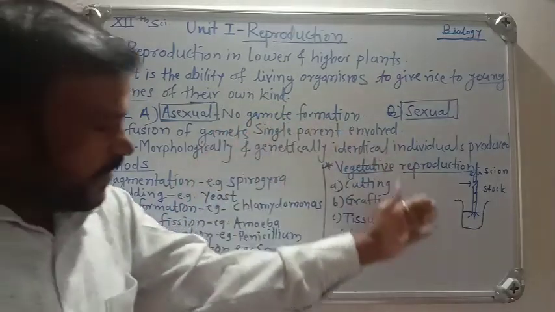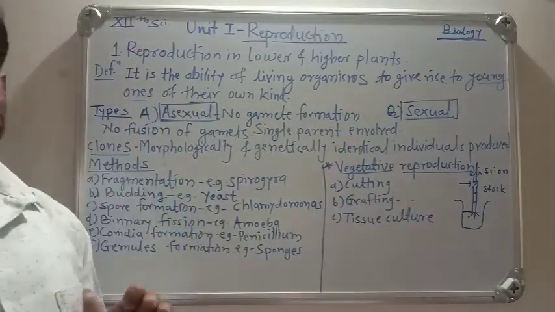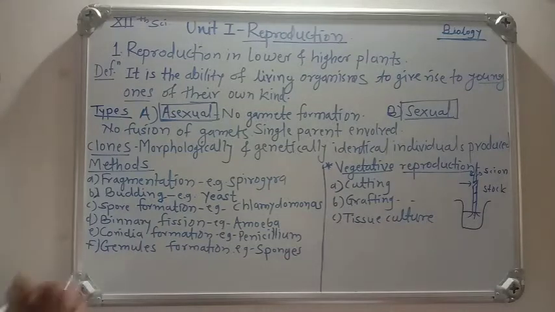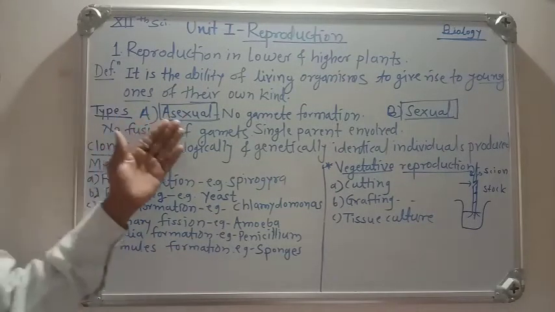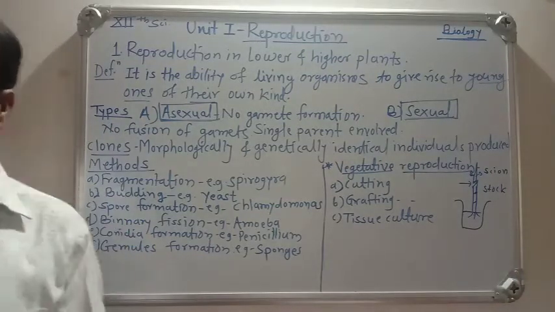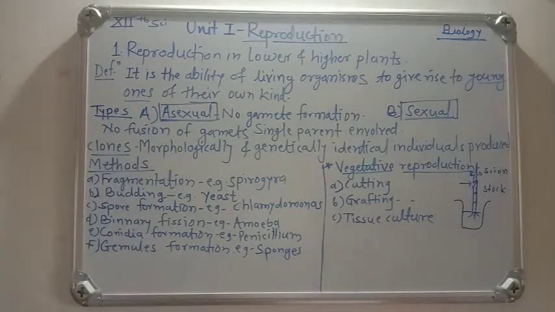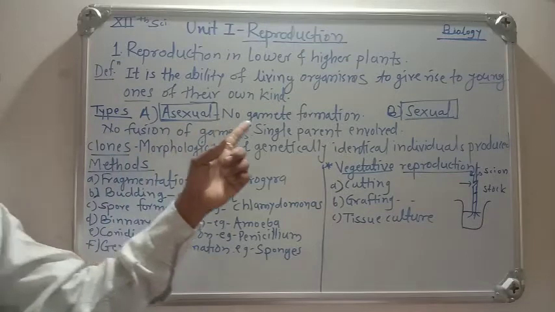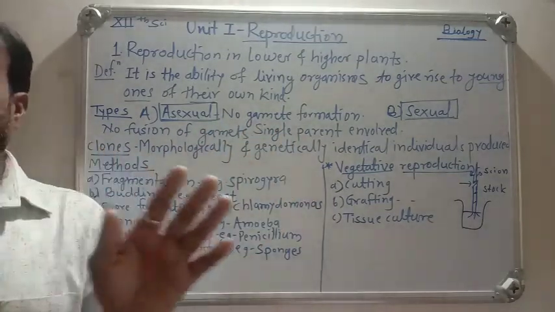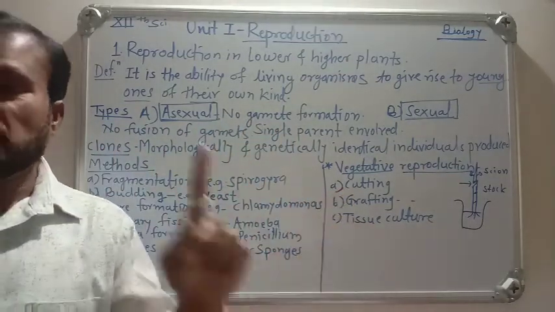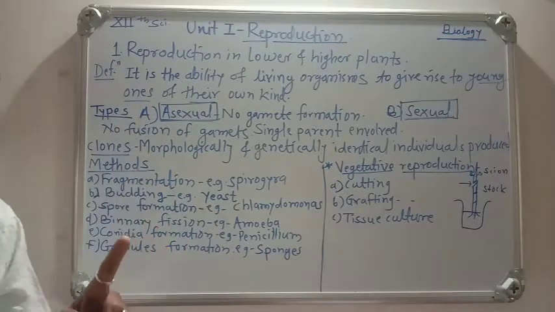Here we have studied in detail about asexual reproduction. Then what is the need of asexual reproduction, or what is its importance or significance? For asexual reproduction, there is no need of double parents. A single parent is involved.